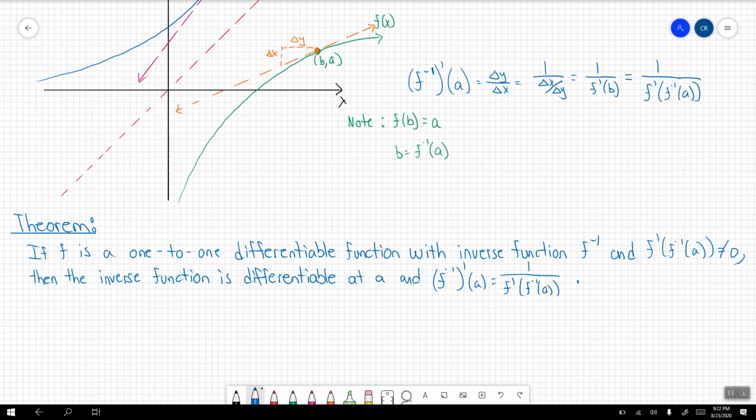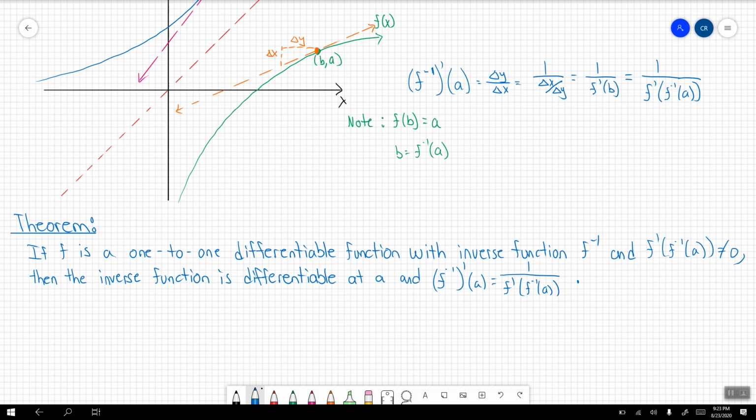In this theorem, we just summarize to say that if f is a one-to-one differentiable function with inverse function f inverse, and f prime of f inverse of a is not equal to 0, then the inverse function is differentiable at a, and the derivative of f inverse at a must be equal to 1 divided by f prime of f inverse of a.